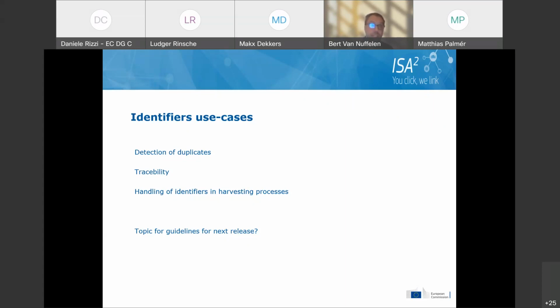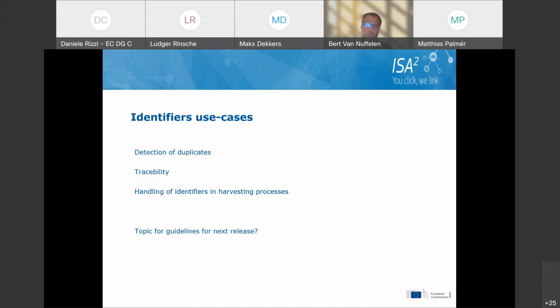The other is traceability, so that you can trace throughout the harvesting process what the original records are, and how we handle identifiers throughout the harvesting process, so that the reference to other systems can be addressed.